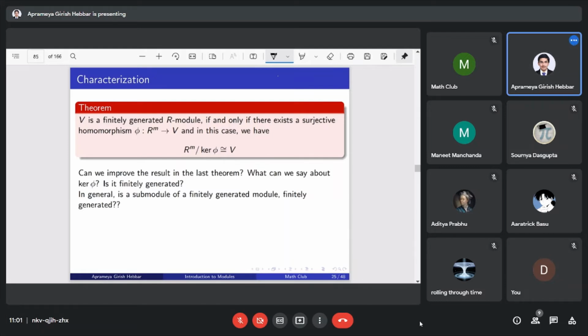Some modules over some nasty rings are finitely generated, but they have submodules which are not at all finitely generated. We are not going to discuss those examples, but if you give this ring R some more structure, then you can say that a submodule is also finitely generated.